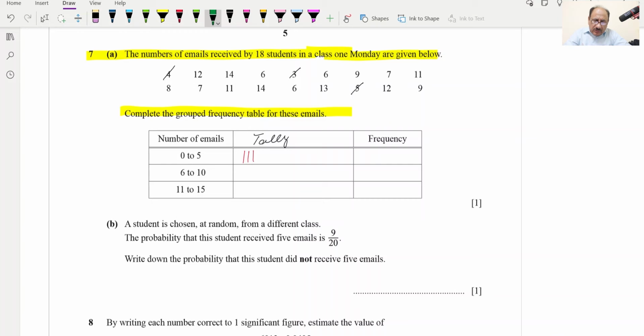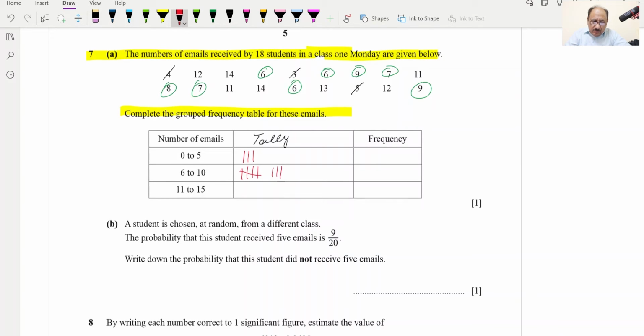6 to 10: 1, 2, 3, 4, 5, 6, 7, and 8. So the tally we can make is 1, 2, 3, 4, 5, 6, 7, 8.